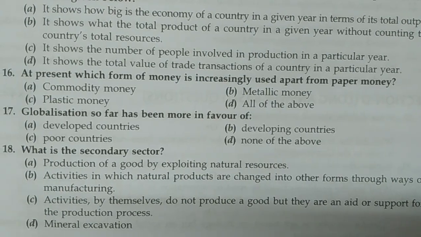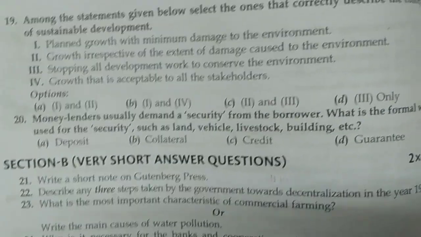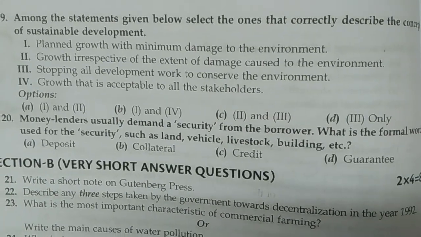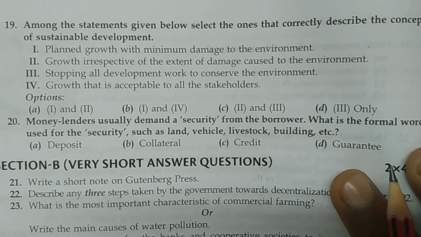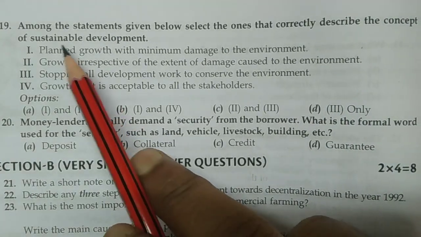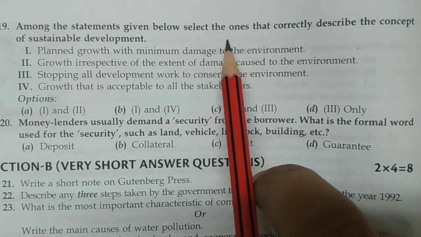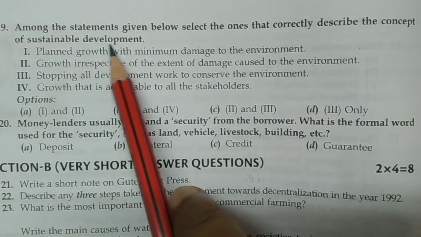Now I'm coming to the next question, it's on the next page, so we can discuss from here. It's question number 19. It's saying that among the statements given below, select the ones that correctly describe the concept of sustainable development.